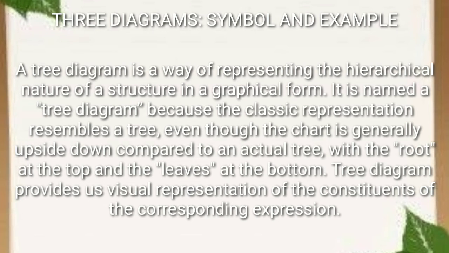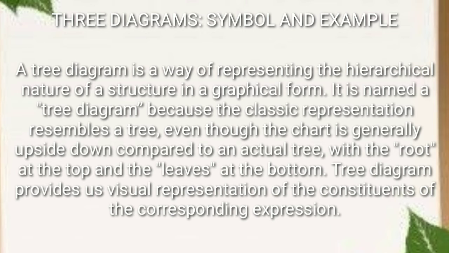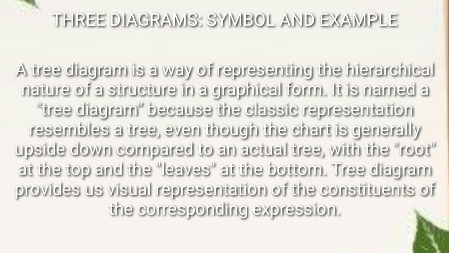Tree diagram symbol and example. A tree diagram is a way of representing the hierarchical nature of structure in a graphical form. It is named a tree diagram because the classic representation resembles a tree, even though the tree is generally upside down compared to an actual tree, with the root at the top and the leaves at the bottom.